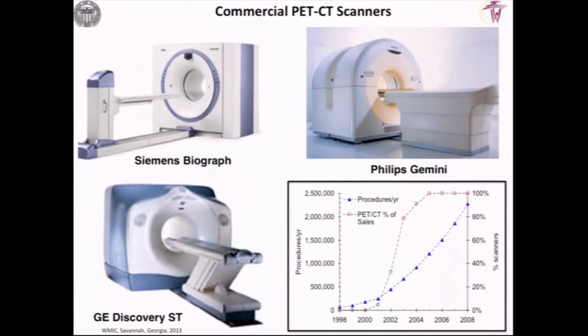But within 3 to 5 years, it went from 0 sales of PET-CT up to 100% sales of PET-CT, and dedicated PET systems were no longer being purchased. That just shows that this technology was giving added value. Even though it was more expensive, it gave you added value that made people totally adopt it.